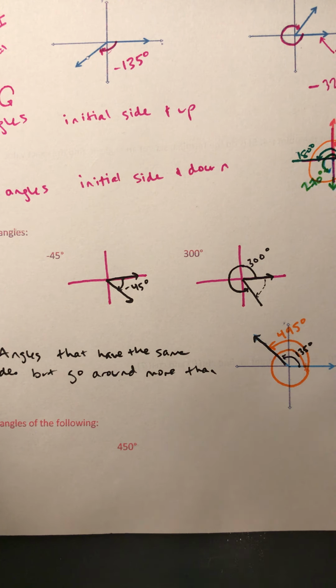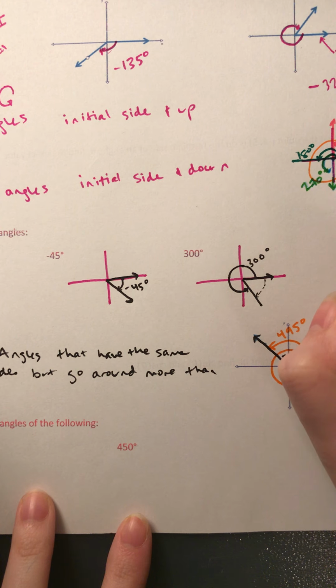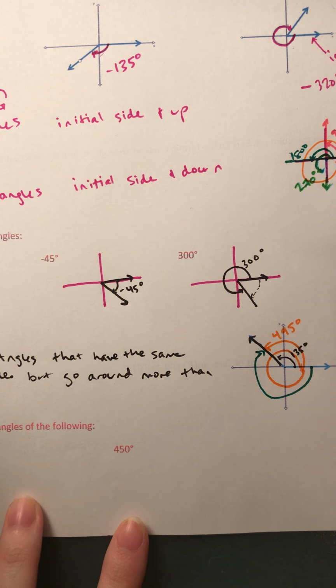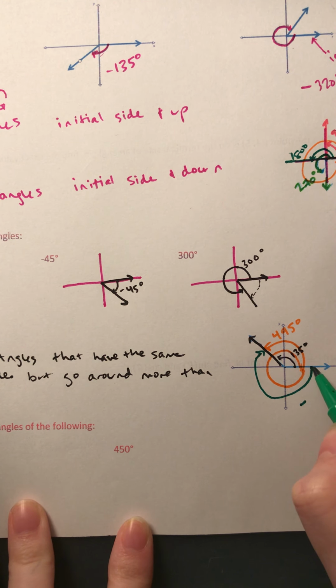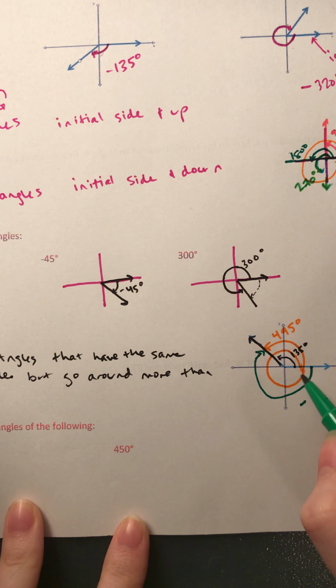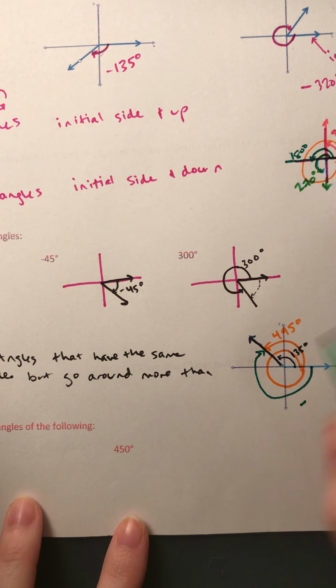So if you start on your terminal side and you go down instead of up, ask yourself, what kind of angle does that make? Well, it'll make a negative angle. If we go backwards, let's think about how much backwards we went. All the way around the circle is 360. So what's 360 minus 135? 225.